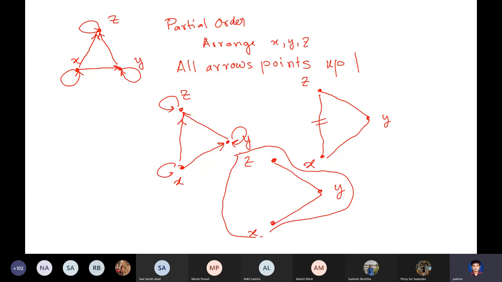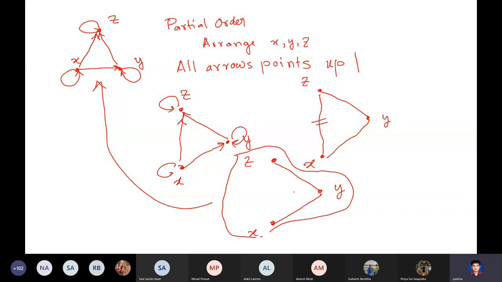From this, you can see I can easily reconstruct the full diagram. I'll put the direction of the arrows upward, by transitivity I'll connect X to Z, and by reflexivity I'll put the self loops. But I'll prefer this last diagram because it is cleaner. It's easier to look at.